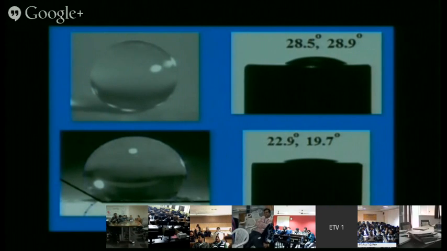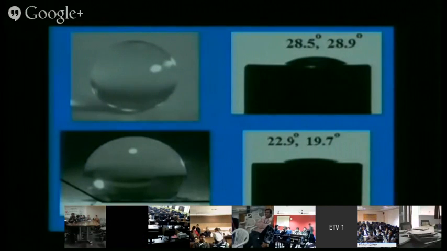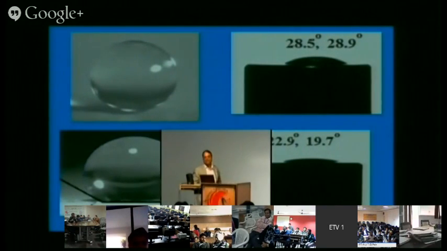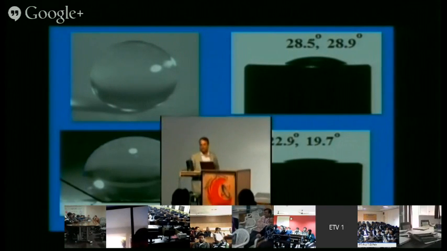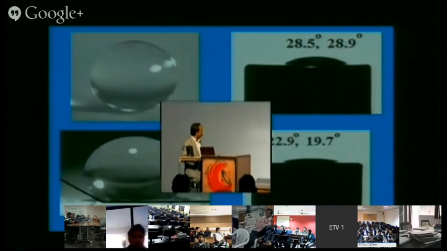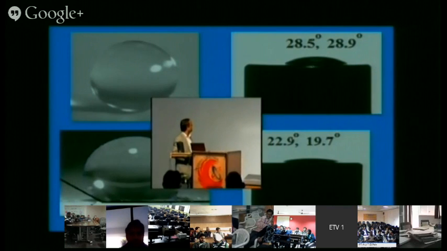One droplet is shown, and when it comes into contact with this surface, it makes a very high contact angle. So it is not wetting the surface, like the lotus effect we have seen.